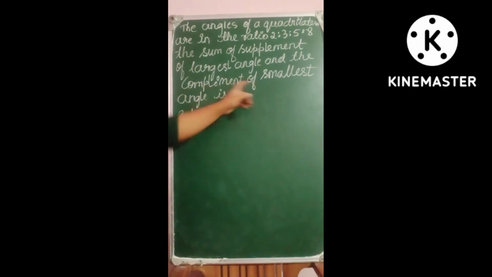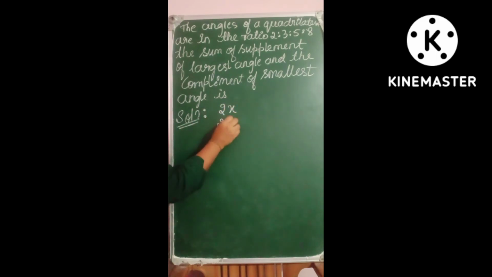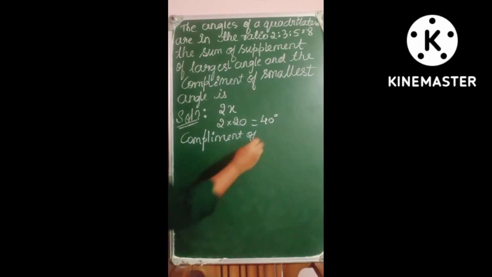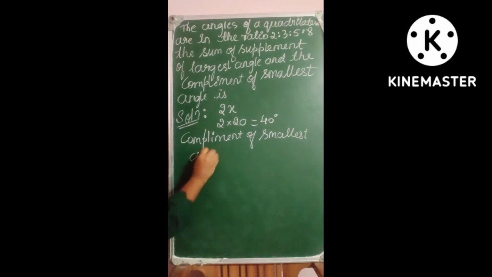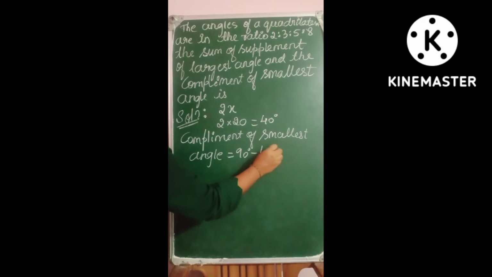So, the complement of the smallest angle. What comes as the smallest angle? 2x. That is 2 into 20, which is equal to 40 degrees. So the complement of the smallest angle is equal to 90 minus 40 degrees. It gives 50 degrees.